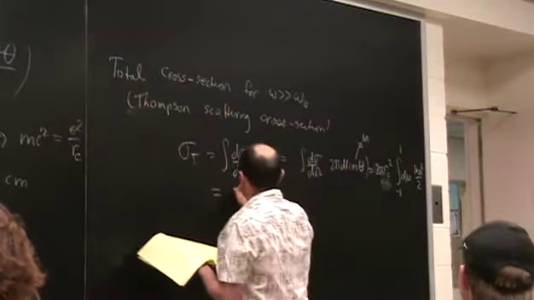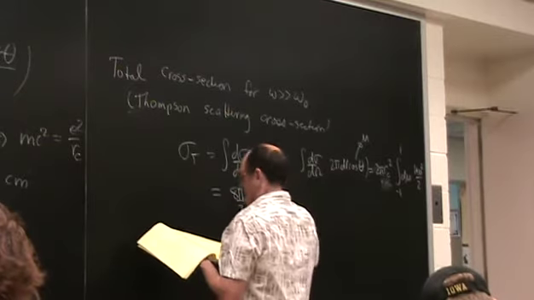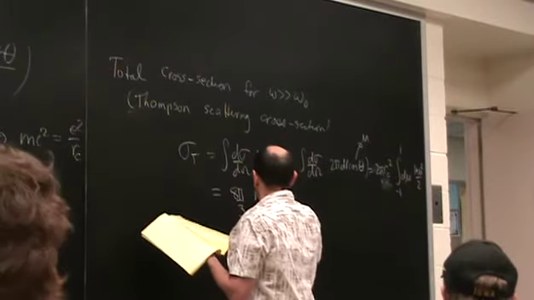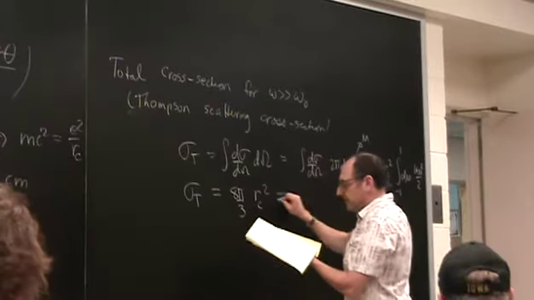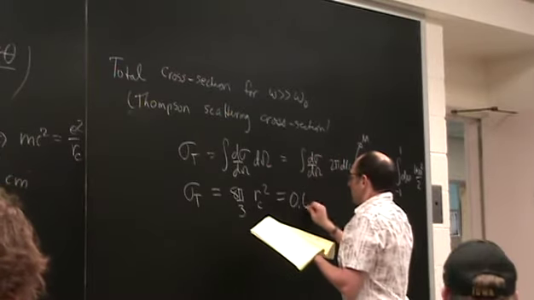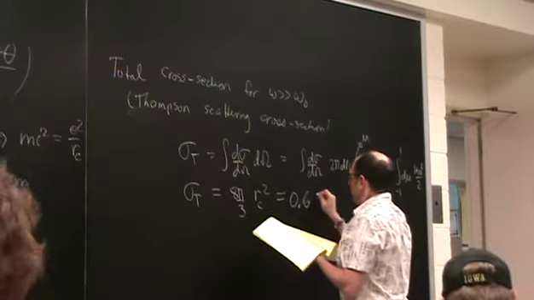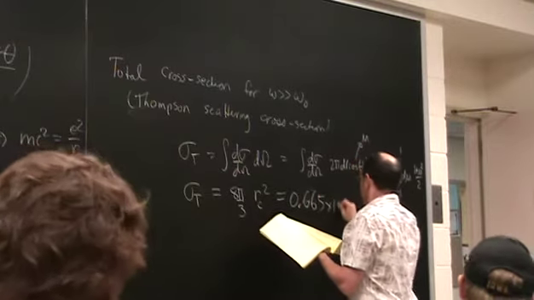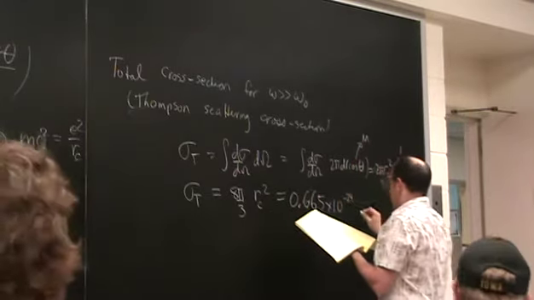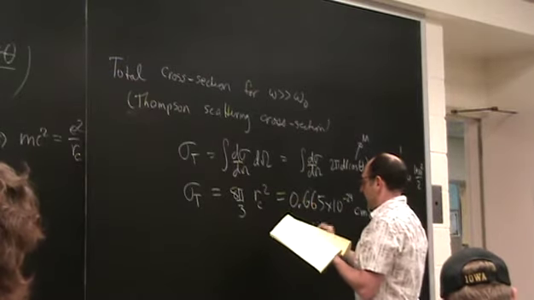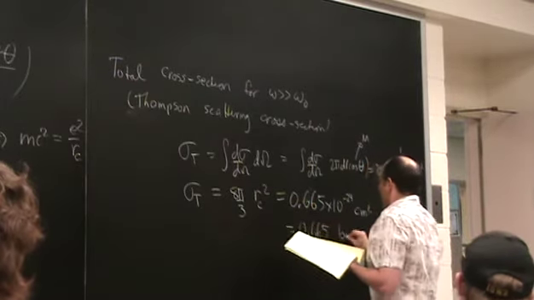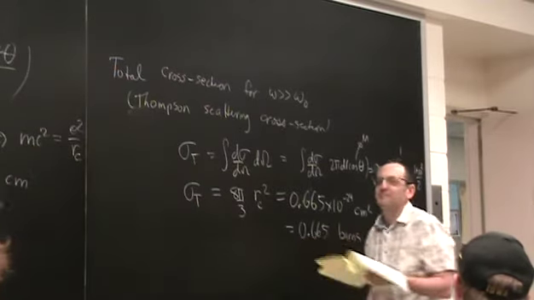So that is equal to 8 pi over 3, the classical electron radius squared. That's the Thomson scattering cross-section, which is equal to 0.665 times 10 to the minus 24 centimeters squared, also known as 0.665 barns.